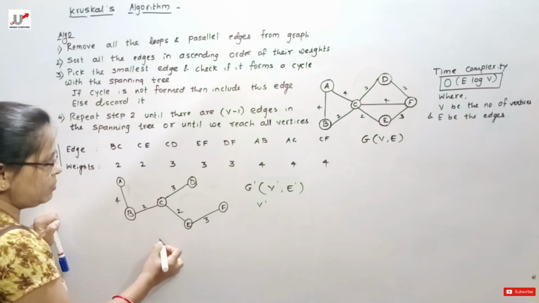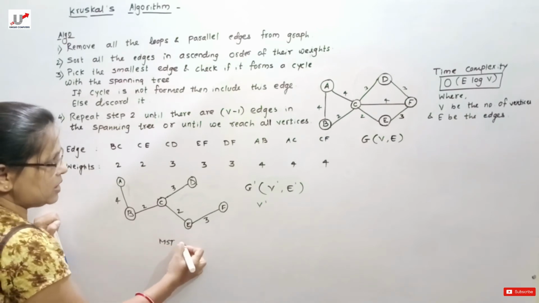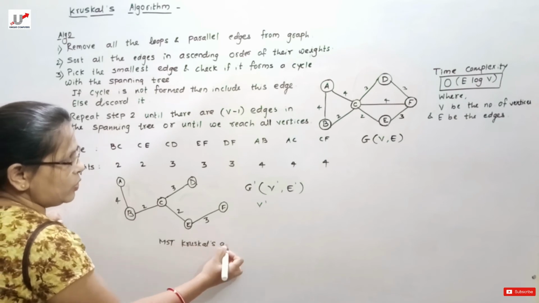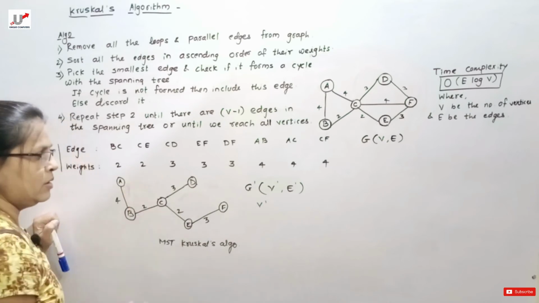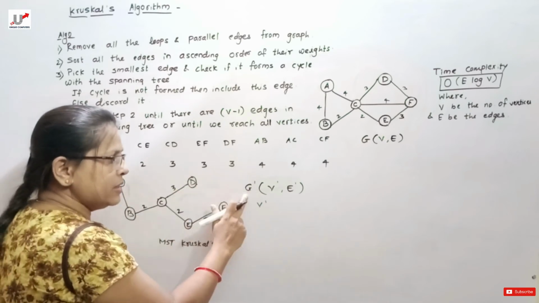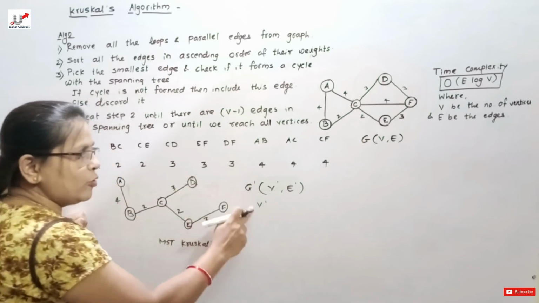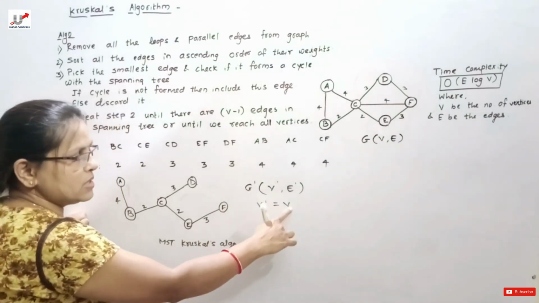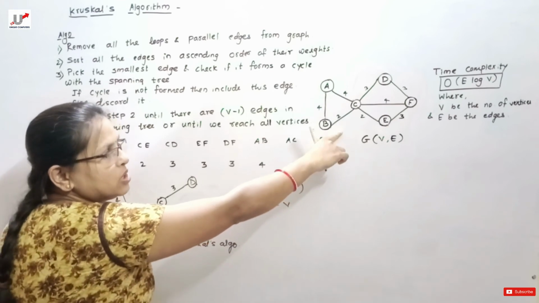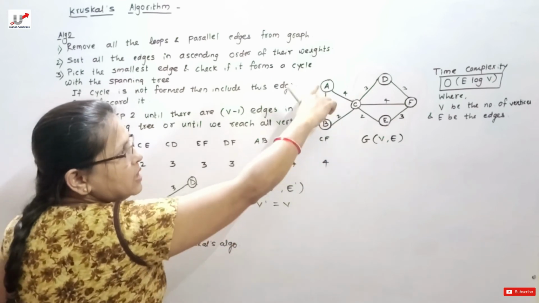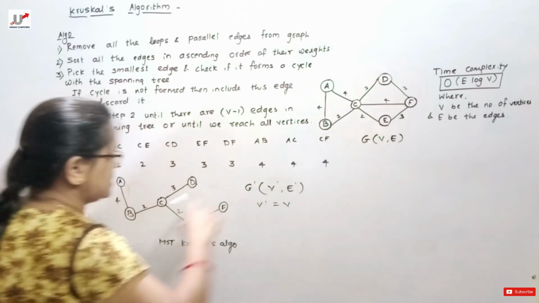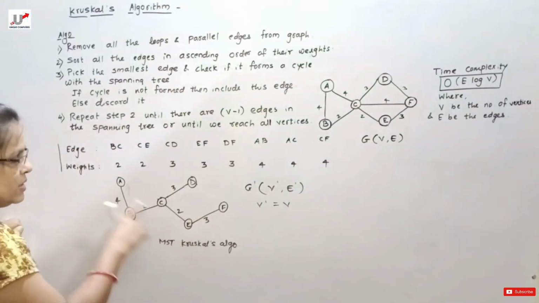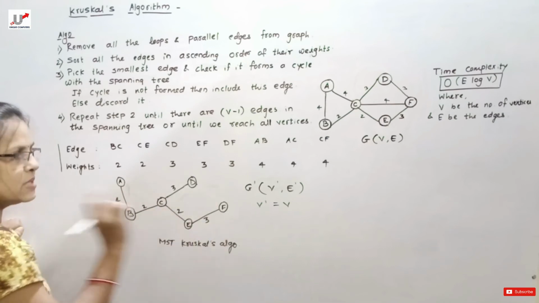It's a minimum spanning tree using Kruskal's algorithm. So here G dash indicates the minimum spanning tree. V dash is exactly equal to the number of vertices present in the original graph. So here the number of vertices is 1, 2, 3, 4, 5, 6. In the minimum spanning tree, there are also 6 vertices: 1, 2, 3, 4, 5 and 6.